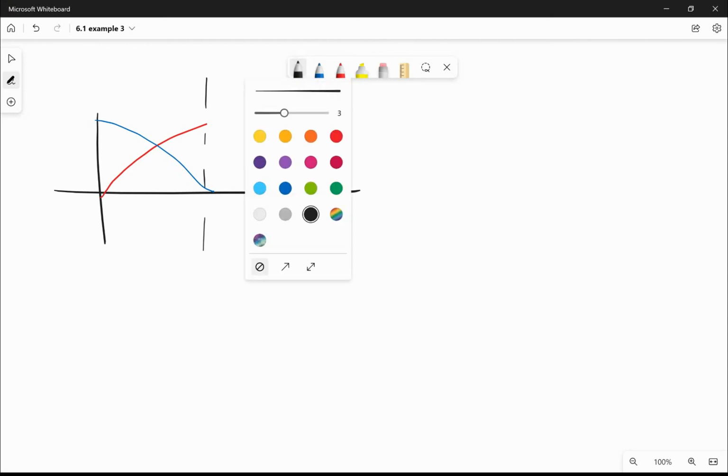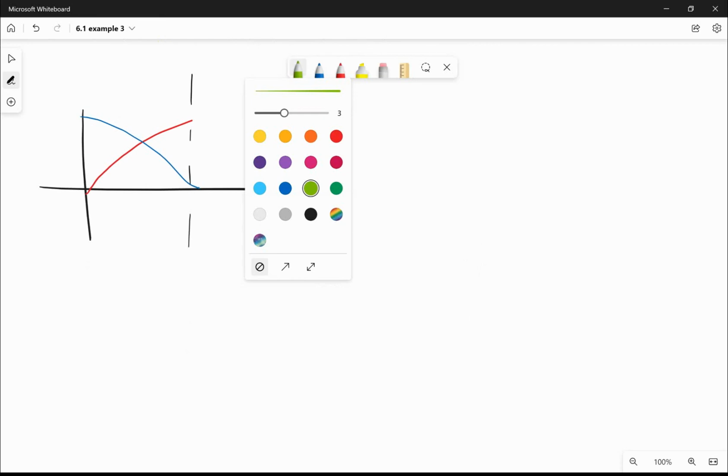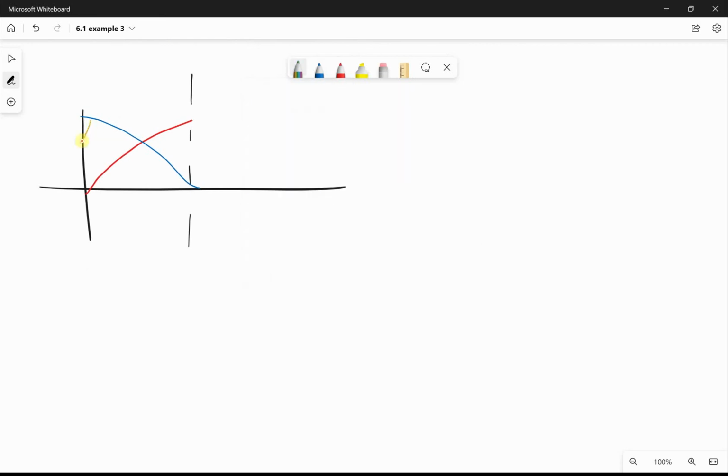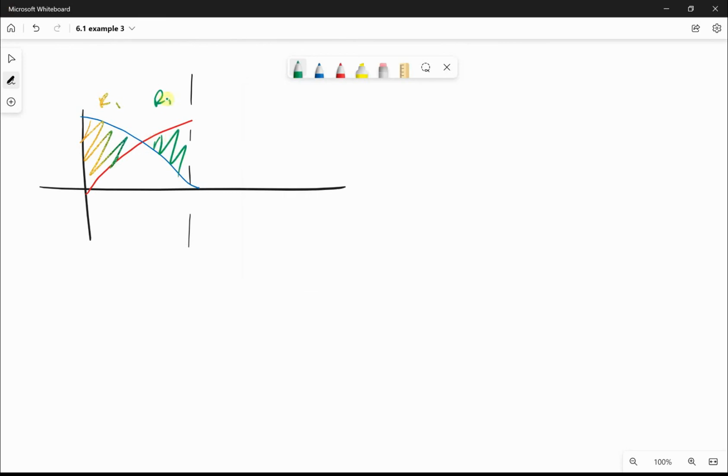Right, so this is region 1, and this is our region 2.